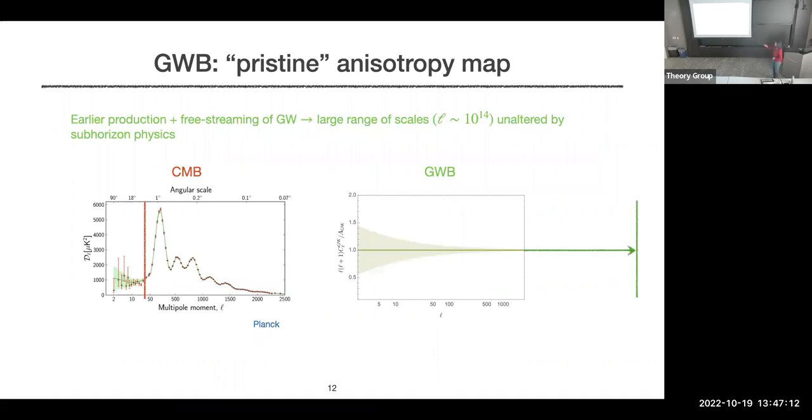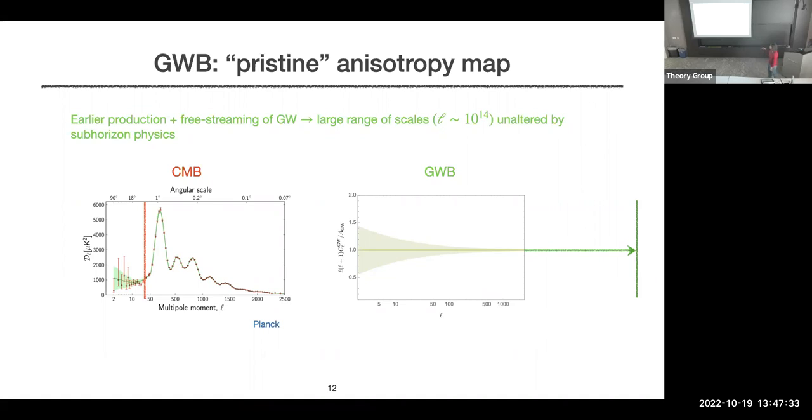However, there's one important difference between the CMB and gravitational waves: in theory, the gravitational wave background would create a more pristine map of anisotropies. And the reason is simple. In the CMB, here I'm showing the 2-point correlations of temperature fluctuations across the sky in multipole space.